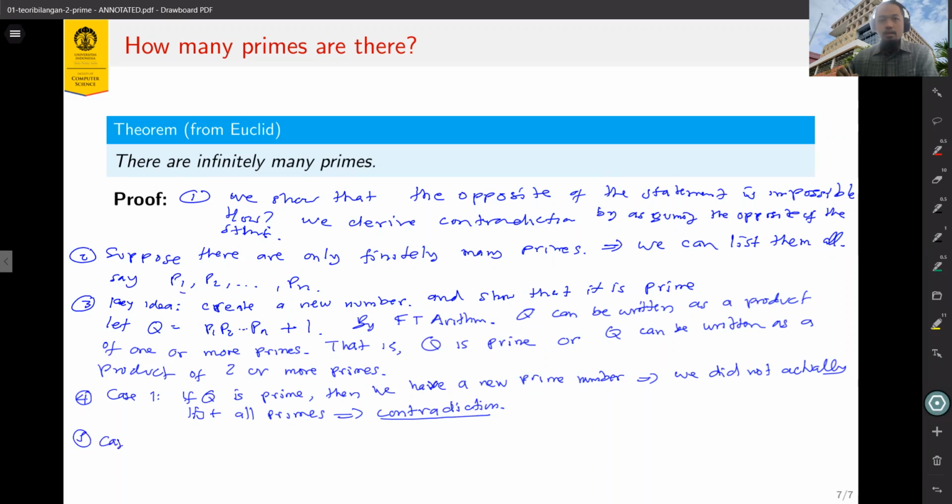Now what about the second case? If Q is not prime, so if Q is a product of two or more primes, then you know that Q has a prime factor, right?